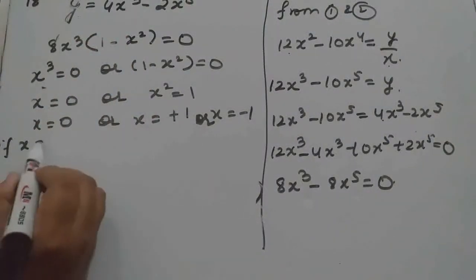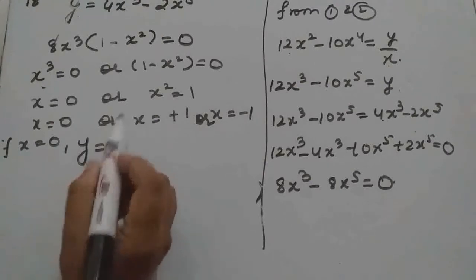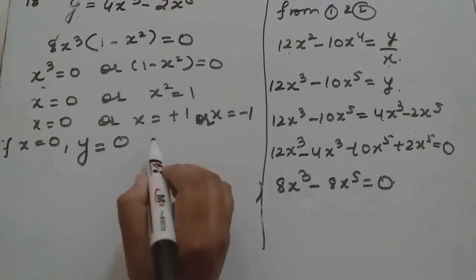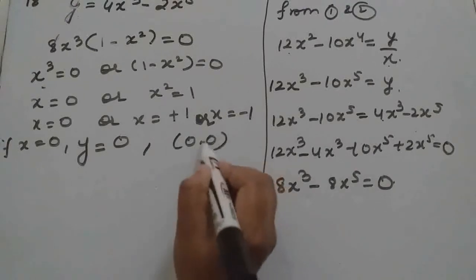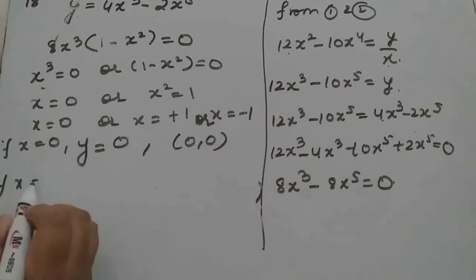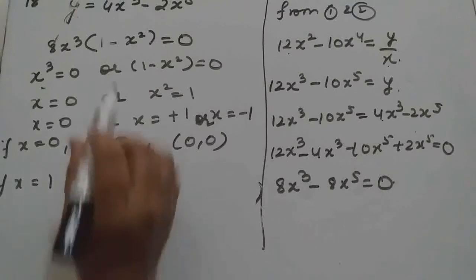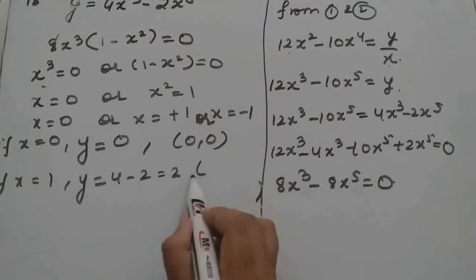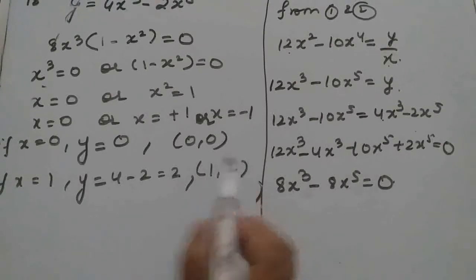So if x is 0, what will be y? 0 minus 0 means 0 only. So therefore the point is 0 comma 0. If x is 1, y will be 4 minus 2, that is 2. So the point will be 1 comma 2.